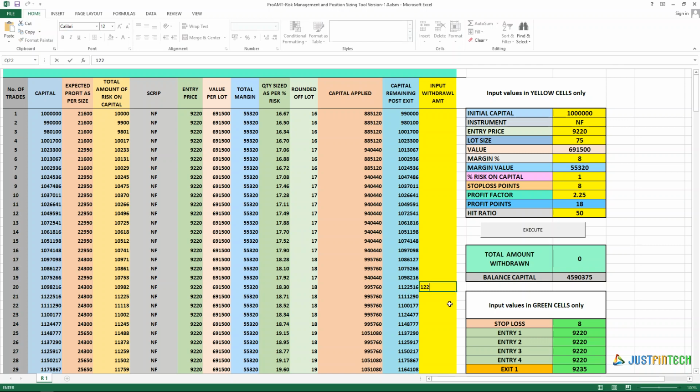So 1,22,516 you have put as withdrawal, and your capital would be reset to 10 lakhs again on the next trade. So this much you have withdrawn.